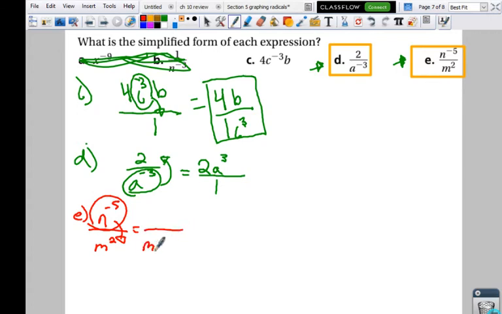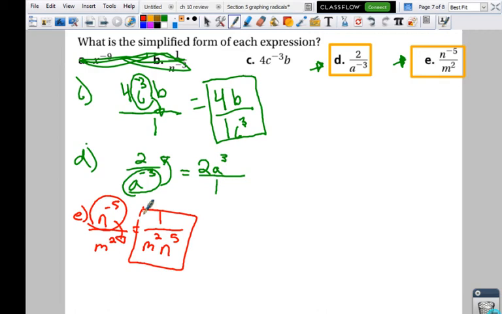Yep, then it's just m squared and n to the 5. Perfect. So on part E, we had to flip the n down to the bottom, and the negative goes away. And I've got that m squared there. It stays down there because there was no negative exponent, so it just stays on the bottom. And that makes this my final answer: 1 over m squared n to the 5.